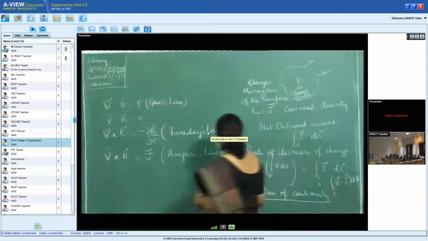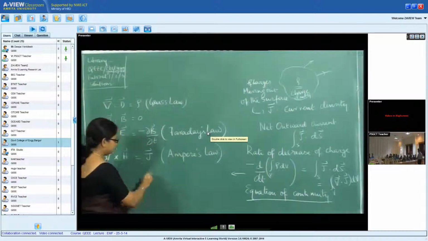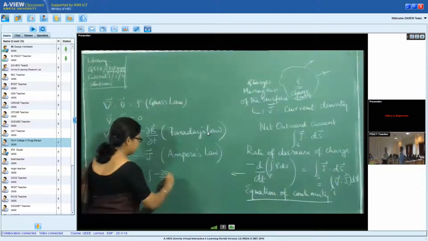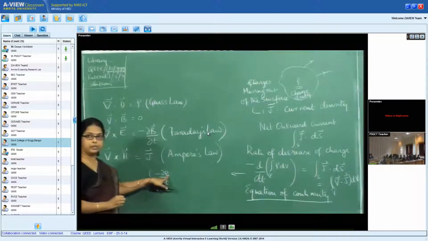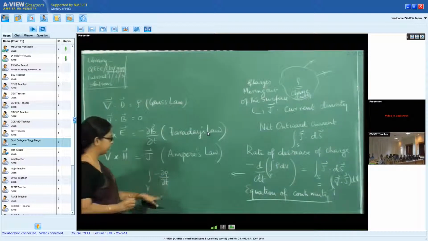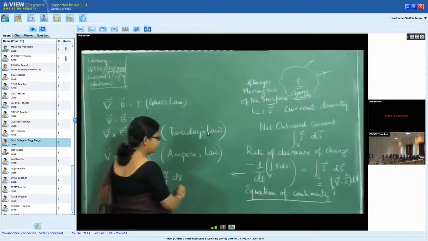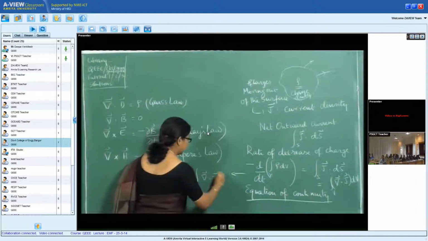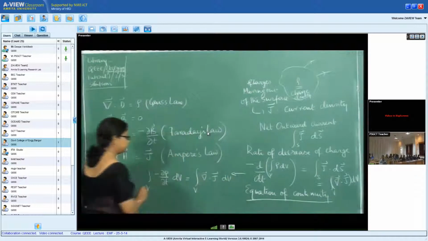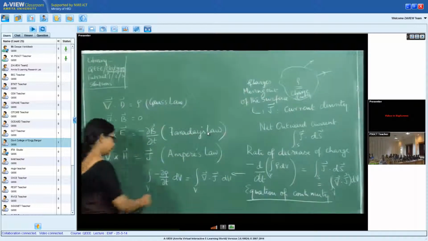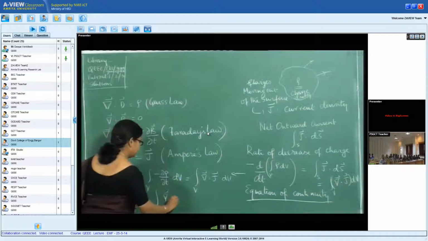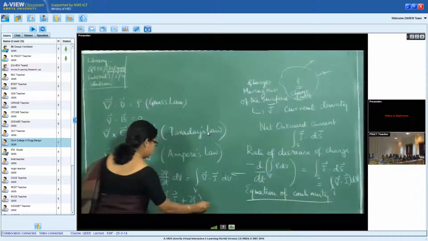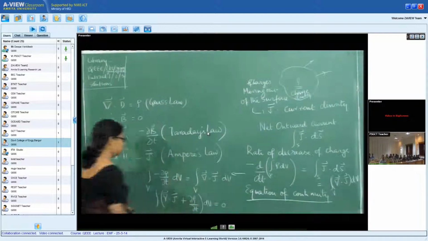So I can write this left hand side as the volume integral of minus del rho by del t, partial derivative, because rho could be a function of position and a function of time, dV, equal to the volume integral of divergence J dV. I bring both to the same side: the integral of divergence J plus del rho by del t, dV, equal to 0.